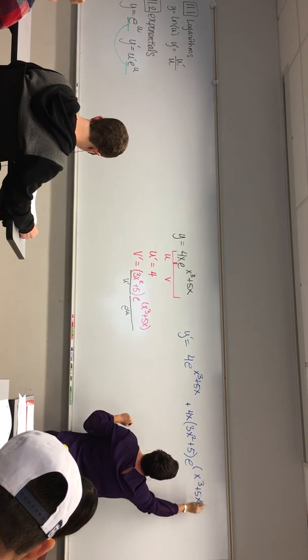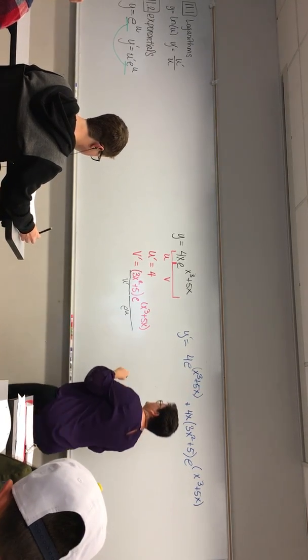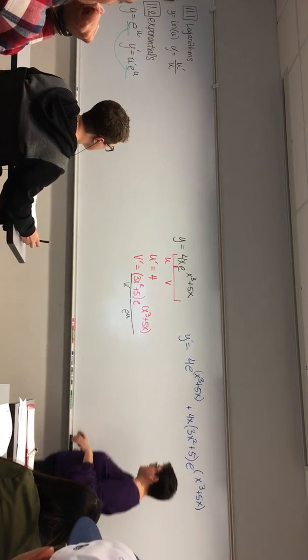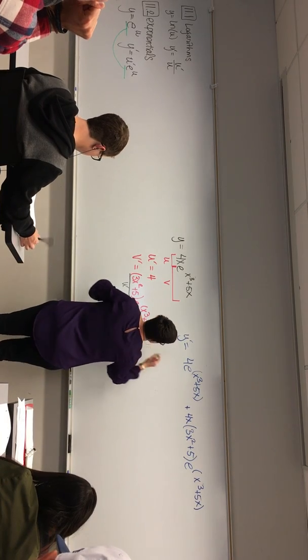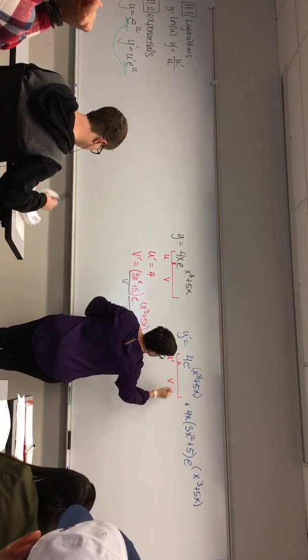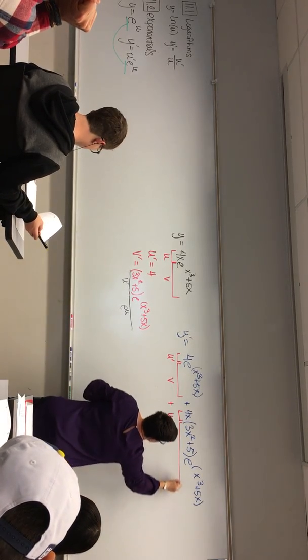That looks like a negative, but it's not. And for consistency's sake, I'll just parenthesize that. So let me label my bits. Here's u prime. Here's v plus u. And here's v prime.